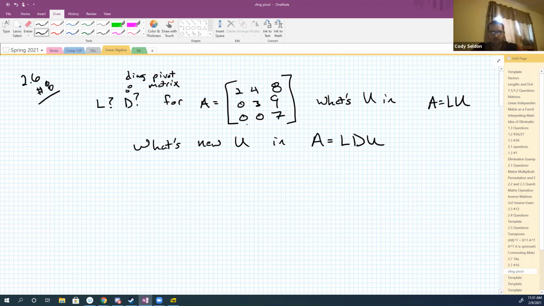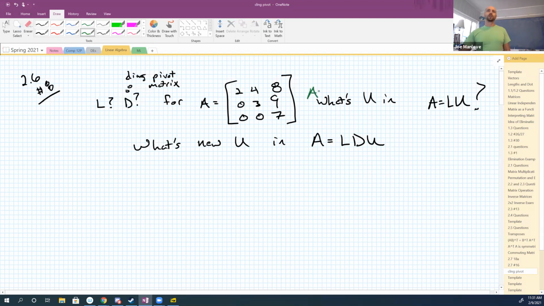Okay. All right, so first things first, let's answer this. What's U in the LU decomposition? Oops, A is a terrible choice, Joe. Okay, so in the case that I need to decompose A here into a lower triangular matrix times an upper triangular matrix, right?